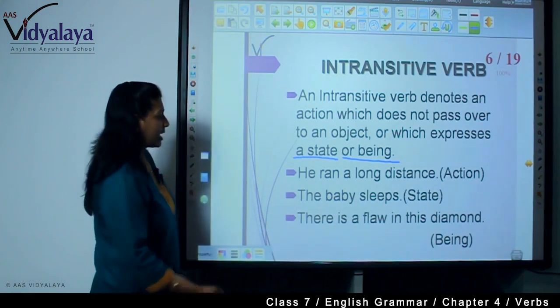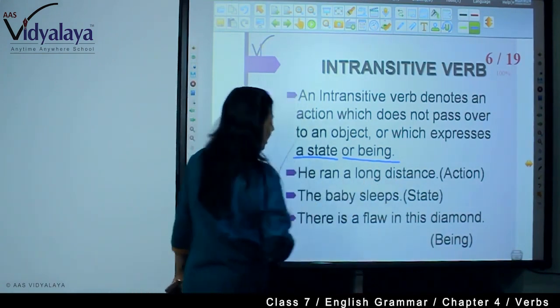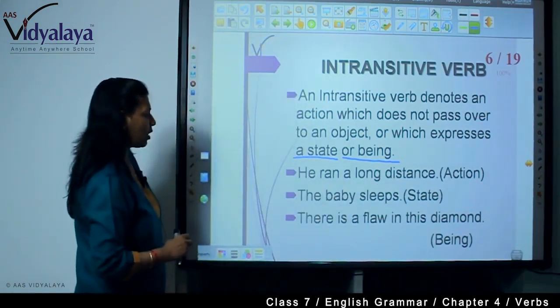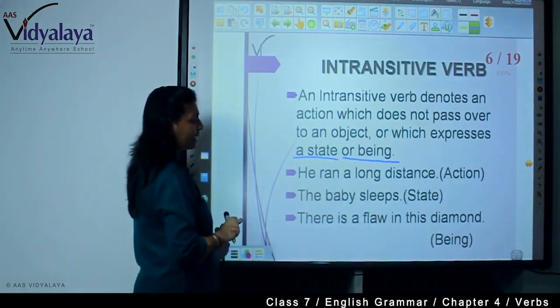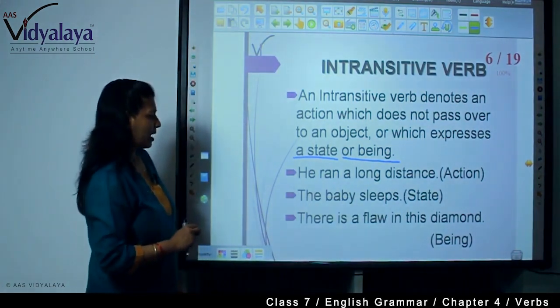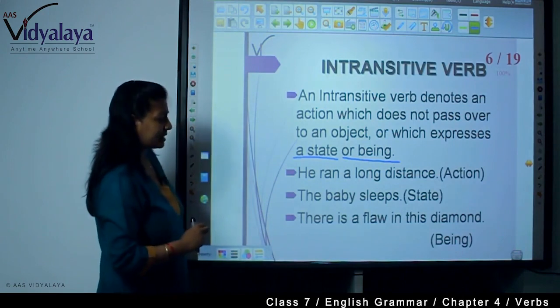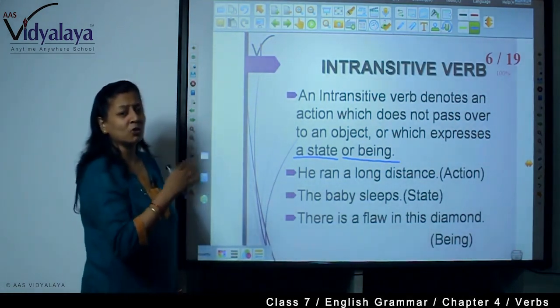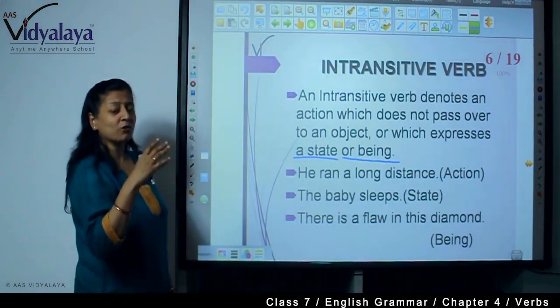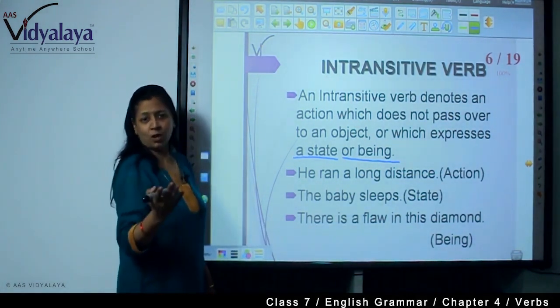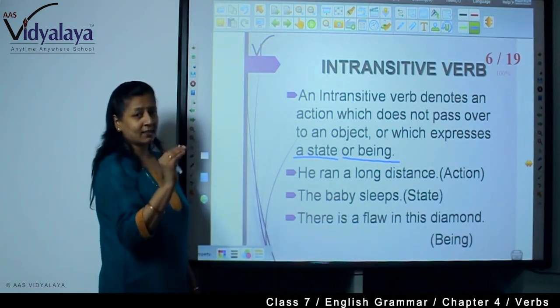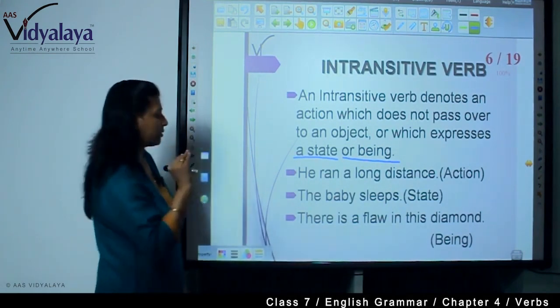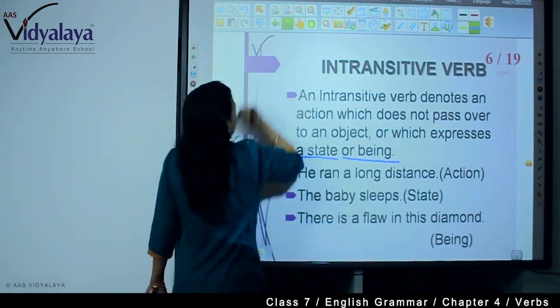See, action. The baby sleeps. So here you won't find who or what. Here you find where. And where is not an object. So you can understand these are intransitive verbs.